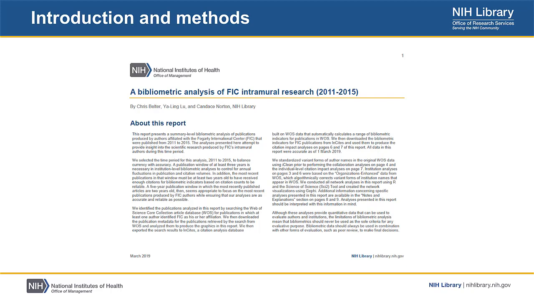Again, this gives an introduction to what we did and what's going to be in the report. We also include a standard disclaimer at the end of every report that we do, talking about the limitations of the method itself. There's standard language saying that there are limitations to the bibliometric approach.